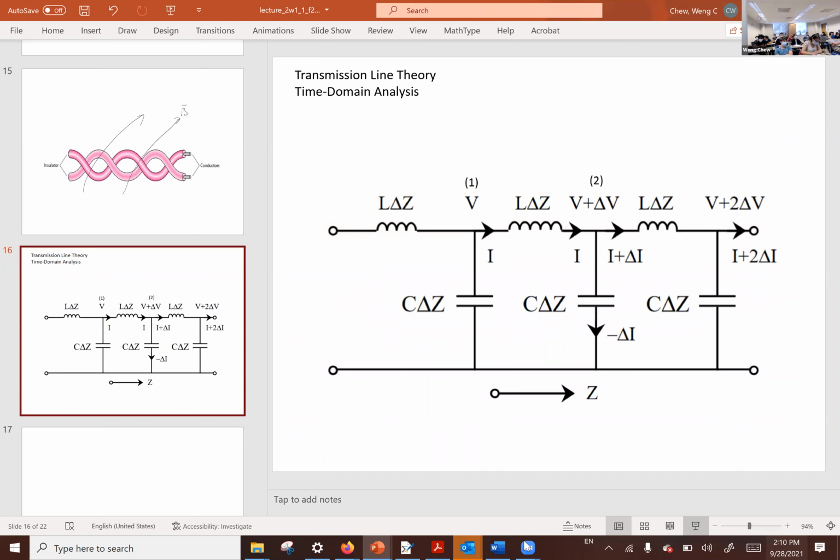First, you have to understand the notion that if you have a piece of wire, you flow a current I into this piece of wire. What is the first thing that comes to your mind if you flow current into a piece of wire? Anybody?